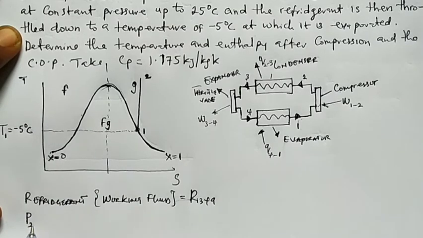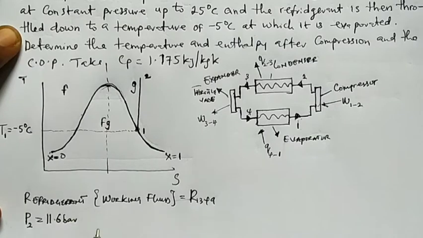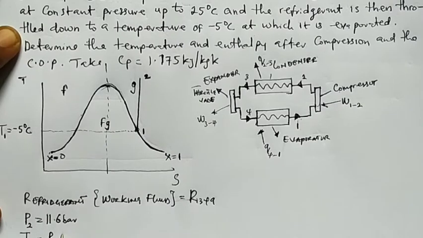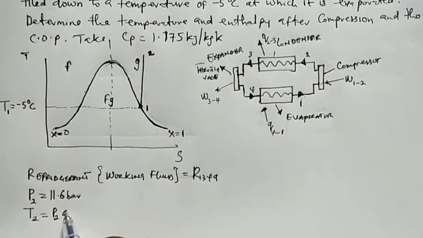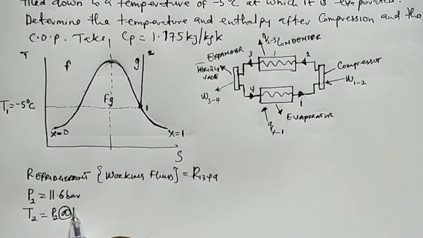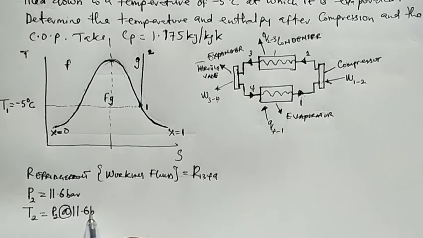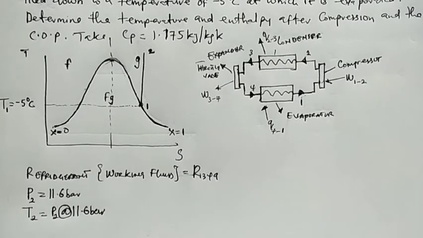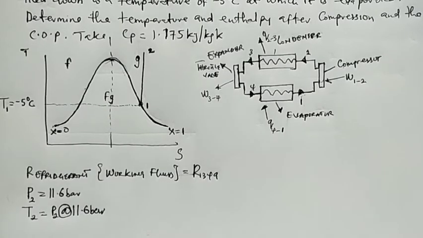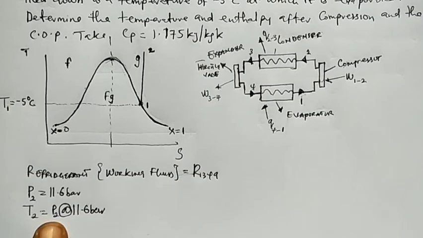So our pressure 2 here is equal to what? 11.6 bar, right? So that means our temperature T2 will be T at P2, at 11.6 bar, right? So we're going to check on our steam table to know what temperature T2 is.